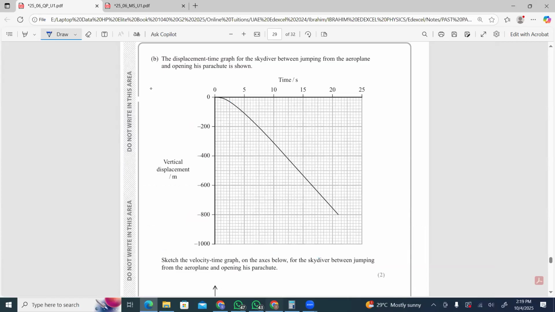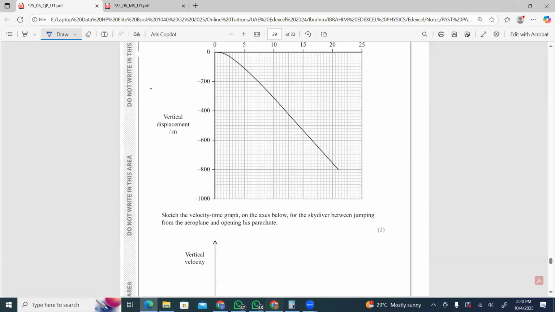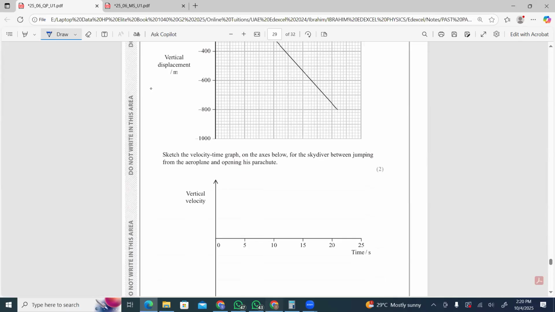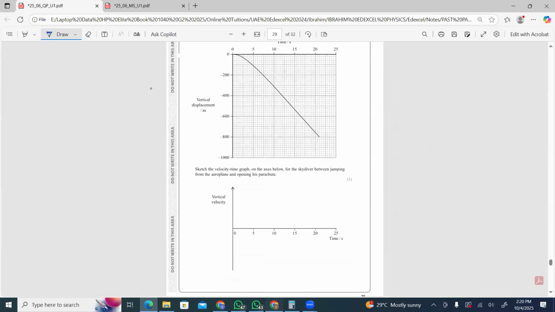Part b. The displacement time graph for the skydiver between jumping from the aeroplane and opening his parachute is shown. Sketch the velocity time graph on the axis below for the skydiver between jumping from the aeroplane and opening his parachute. Okay, so when he jumps, what happens?